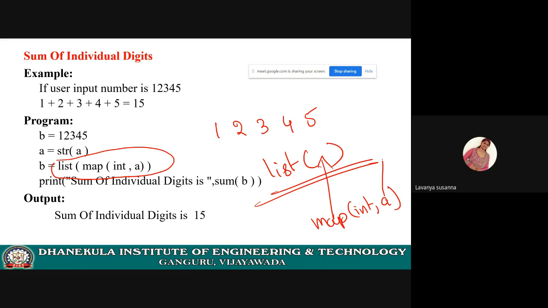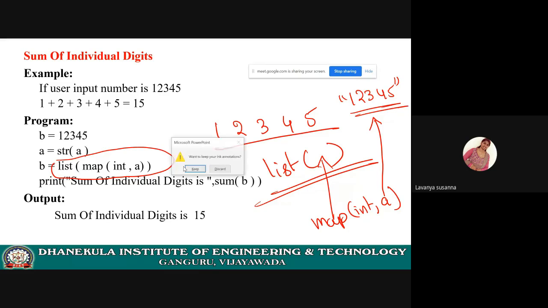A is nothing but the string 1, 2, 3, 4, 5. This string you have converted into integers 1, 2, 3, 4, 5. Now, this map function will return this, and you are converting this into a list. Okay, now I will wait. I will explain. I will execute.